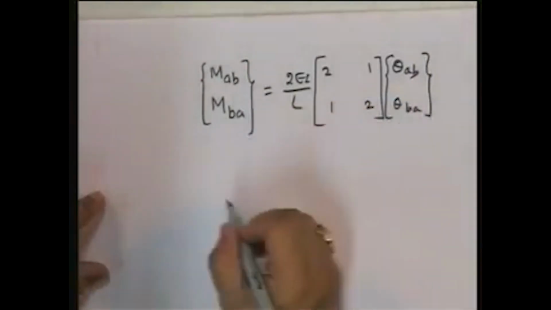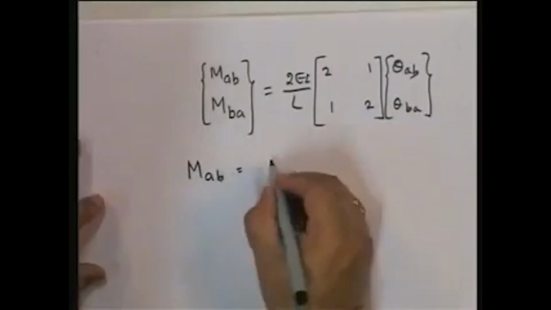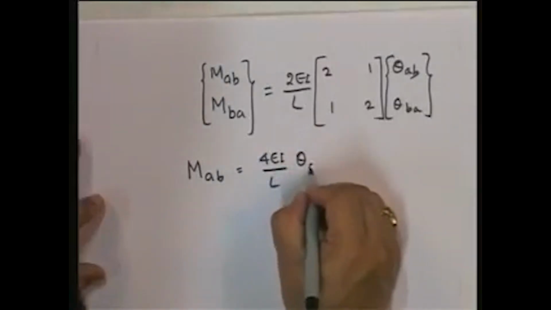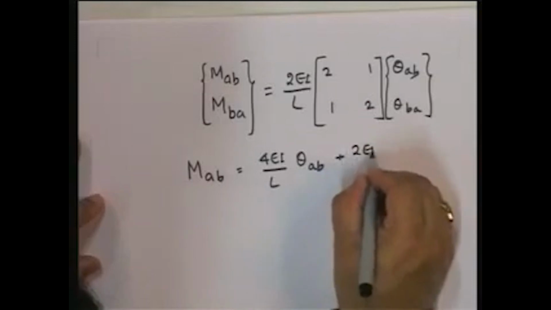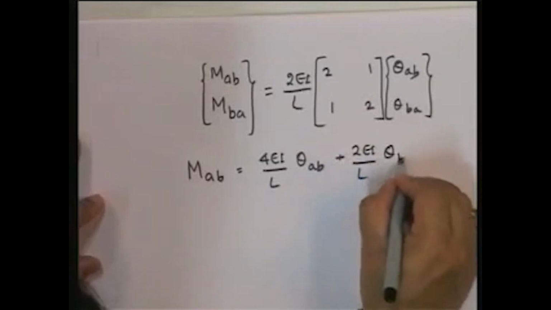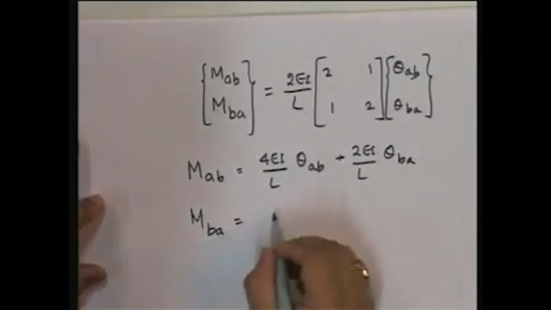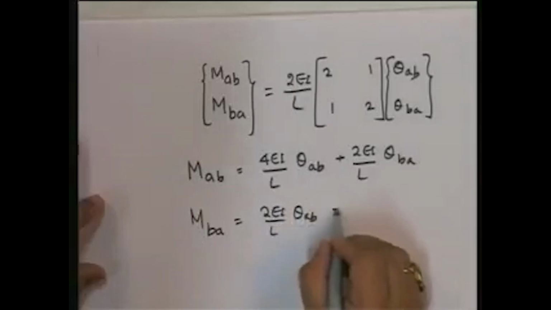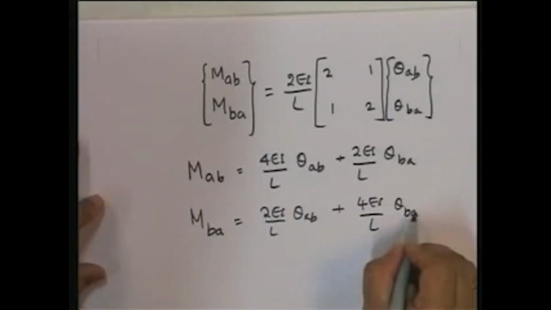So if I write this in a proper format, it will become MAB is equal to 4 EI upon L theta AB plus 2 EI upon L theta BA, and MBA is equal to 2 EI upon L theta AB plus 4 EI upon L theta BA.